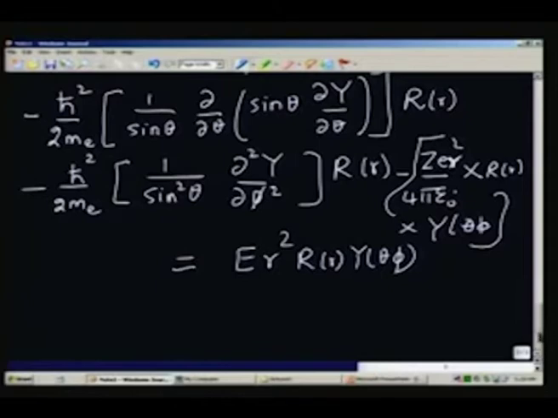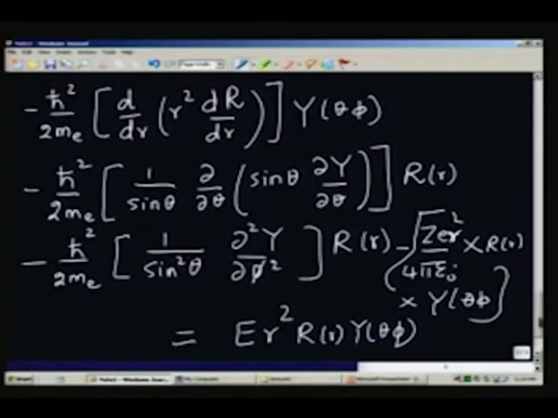Now given this form, you can see this in full screen, that if we divide the whole equation by this R(r) Y(θ,φ), let me just mark this, let us divide the whole equation by that, then what you will see is this Y will go away and there will be a 1 by R here, because you see this is d/dr, this is an operator, so you have to divide 1 by R here, and you will have a 1 by Y here.